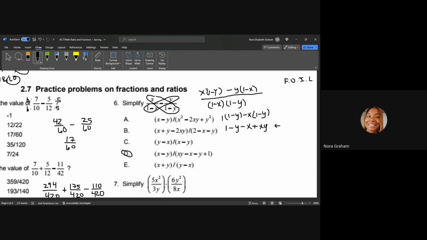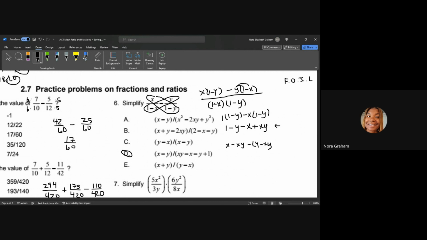So then I would distribute up top as well. So then I have x minus xy. And then minus, I'm going to put parentheses around here because that's a minus. We're going to have to distribute it through y. All I'm doing is distributing this through here. Y times 1 is y. Y times negative x is negative xy.